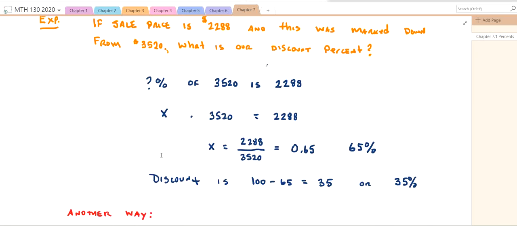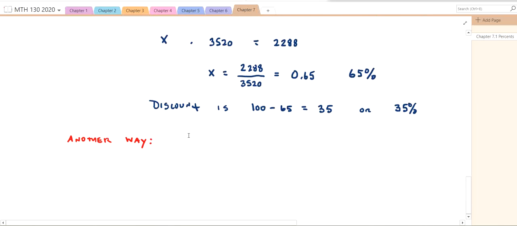So you might be thinking that's not the only way I could have solved this problem. So let me show you a different way. First, we could find what our discount is. 3520 minus 2288 equals 1232, $1,232. This is our discount.